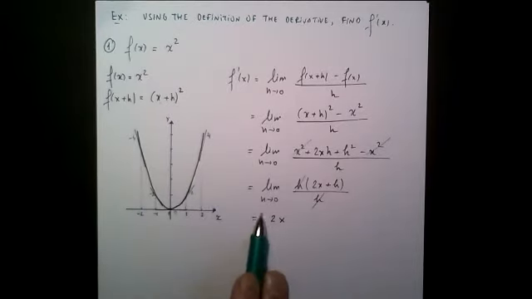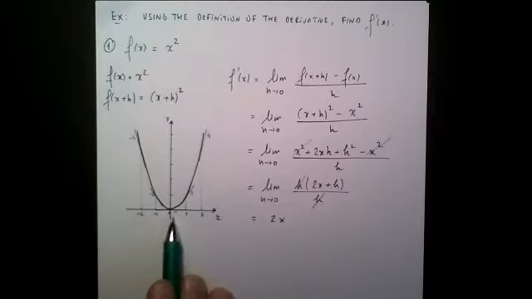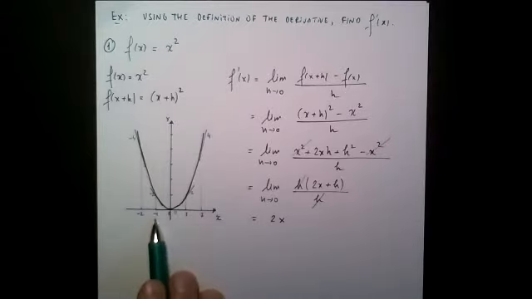So this function here, 2x, gives me the slope of the tangent at every point of the graph, depending on x. But when it's on the left side, the slope isn't -2x. It's 2 times -1, which is -2. The slope here is -2. The slope, right? Not the equation.